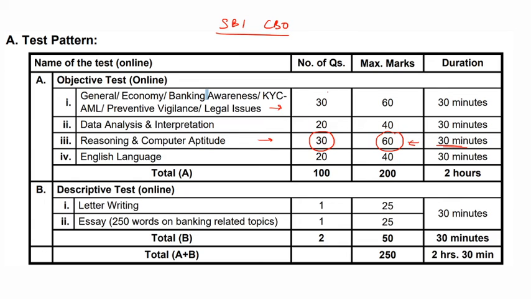Similarly for general awareness also, 30 questions, 60 marks, again 2 marks each. So you can see every question here, 30, 20, 20, everything is of 2 marks. You can see 100 questions in total, and the total is 200 marks. So please be very careful that every question is carrying 2 marks. So there will also be a negative of 0.5, that is 1/4. And 2 hours is the total duration for this one.